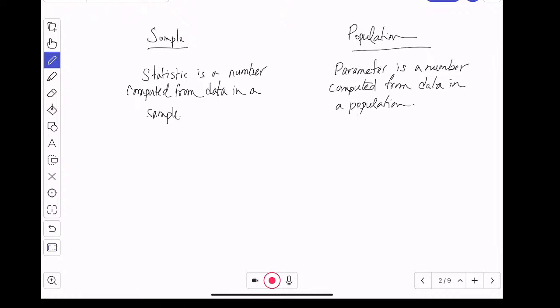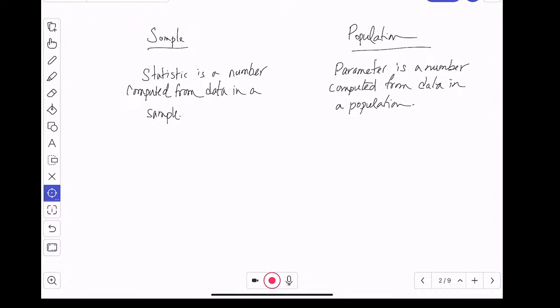Whether a statistic is a good estimate of a parameter depends on a number of things, and one of those is how good the sample is, how representative it is of the population.